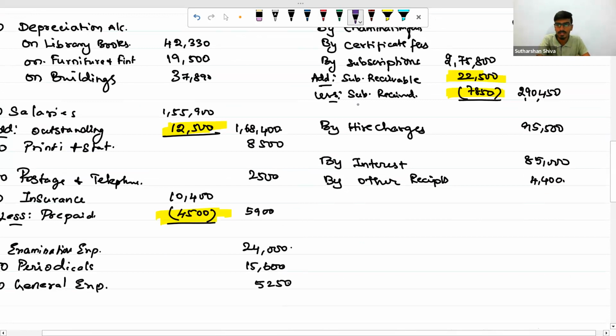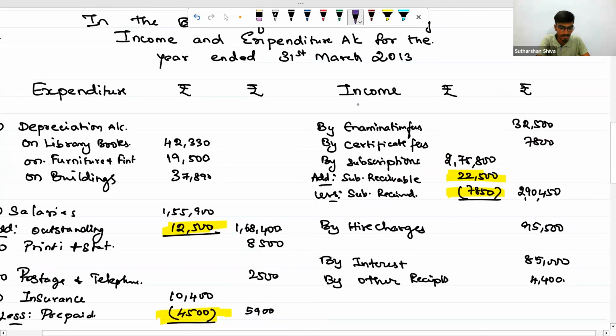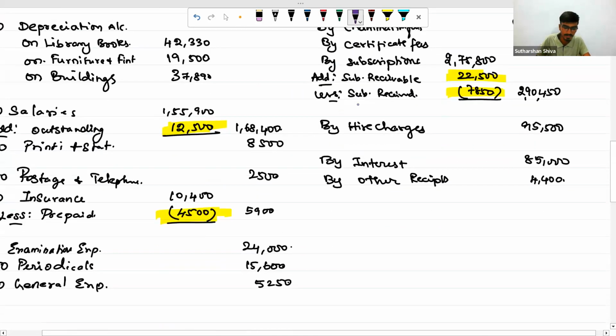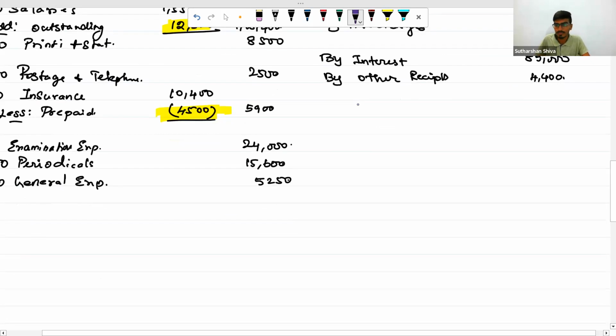We'll try to calculate on the credit side first. 32,500 plus 7,800 plus 90,450 plus 95,100, 85,000 plus 4,400 plus 6,250. The total value comes to 5,21,900.